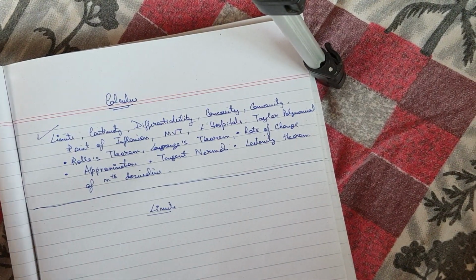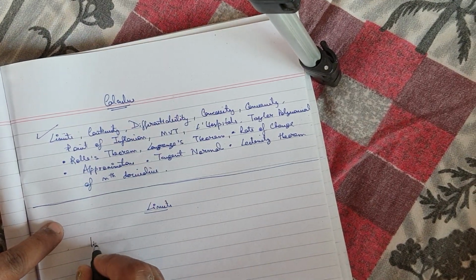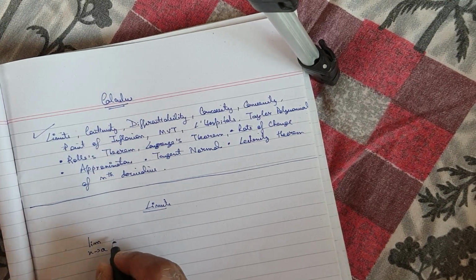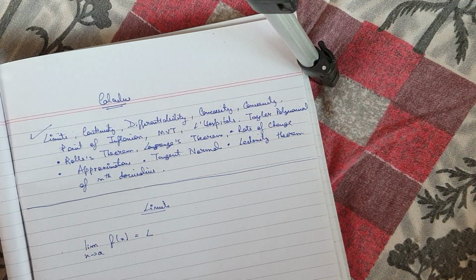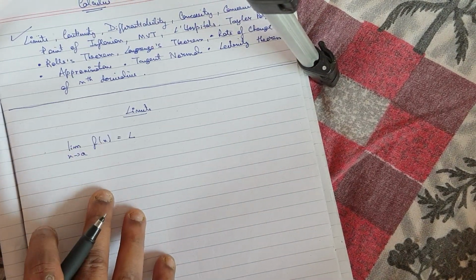the mathematical expression of limit is given as limit x tends to a, f(x) equals L. This is a very basic definition of limit. Now what does this definition mean?